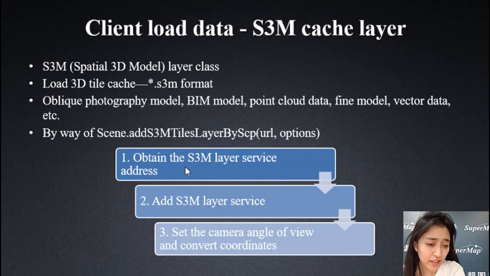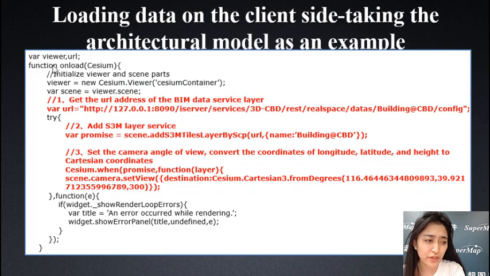Okay, so let's look at how to write this code. First, obtain the S3M layer service address. This address must include the config file. Then add the S3M layer service, set the camera angle of view and convert coordinates. Let's look at its code.